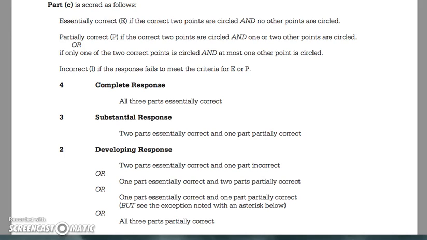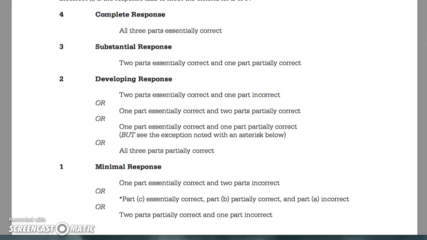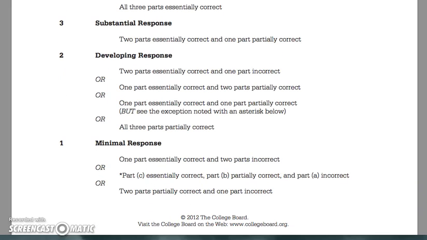4 points for complete response, all 3 parts essentially correct. 3 points for substantial response, 2 parts essentially correct and 1 part partially correct. 2 points for developing response, 2 parts essentially correct and 1 part incorrect, or 1 part essentially correct and 2 parts partially correct, or 1 part essentially correct and 1 part partially correct, but see the exception note with an asterisk below, or all 3 parts partially correct.